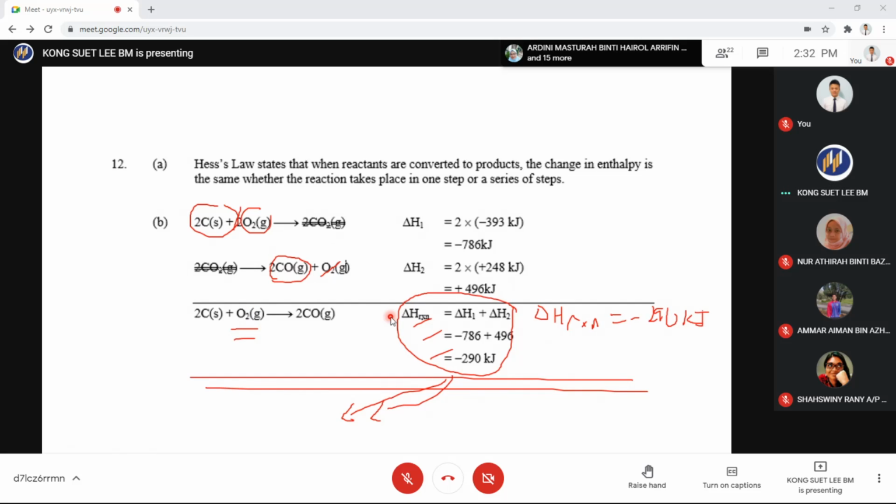Yes? Madam, the unit is not kJ per mole? No, in this case, no. You know why? Okay, Atira, please share your answer again.